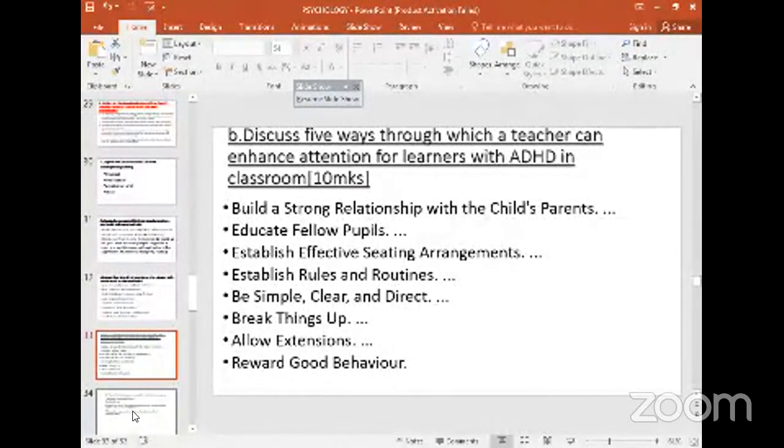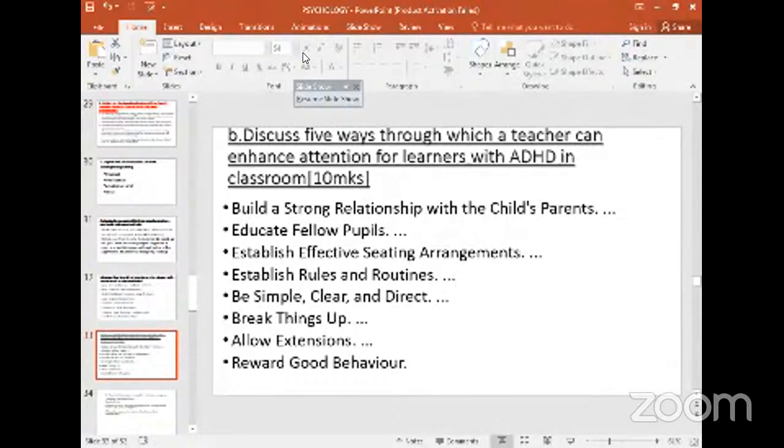And as a teacher, you also need to be simple, clear, and direct. You can also break things up. When you are having activities, you can break the activities into manageable groups where the learners with ADHD are even given responsibilities, including leadership responsibilities to execute.